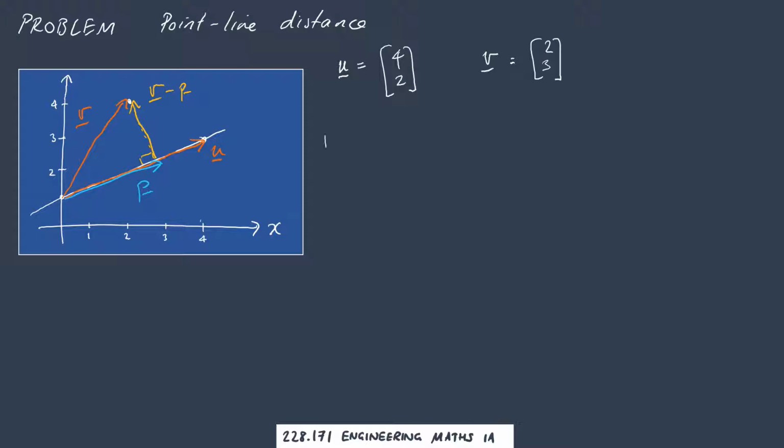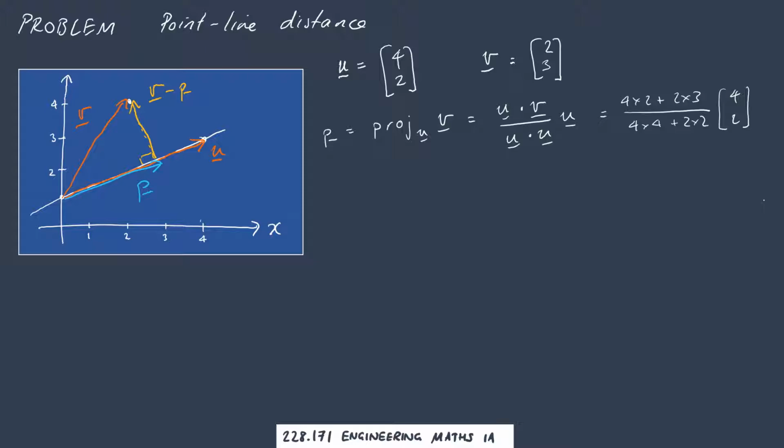So let's write down our formula for p. So p is equal to the projection onto u of v, which equals u dot v over u dot u, all times u. Now u dot v will be 4 times 2 plus 2 times 3, all divided by u dot u, which is 4 times 4 plus 2 times 2, all times the vector u, which is 4, 2.